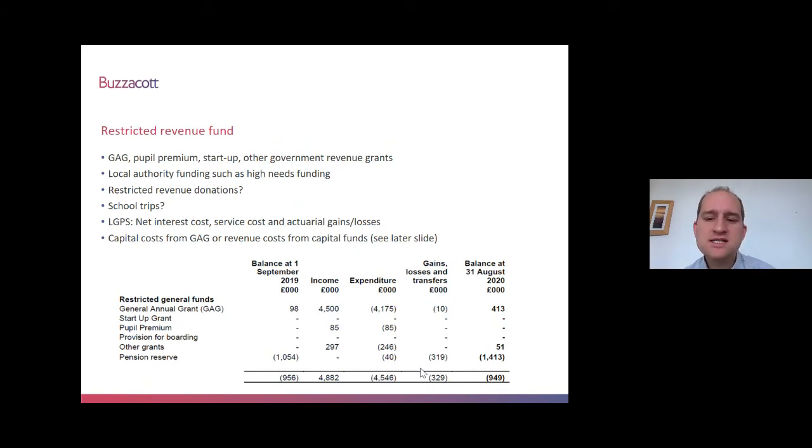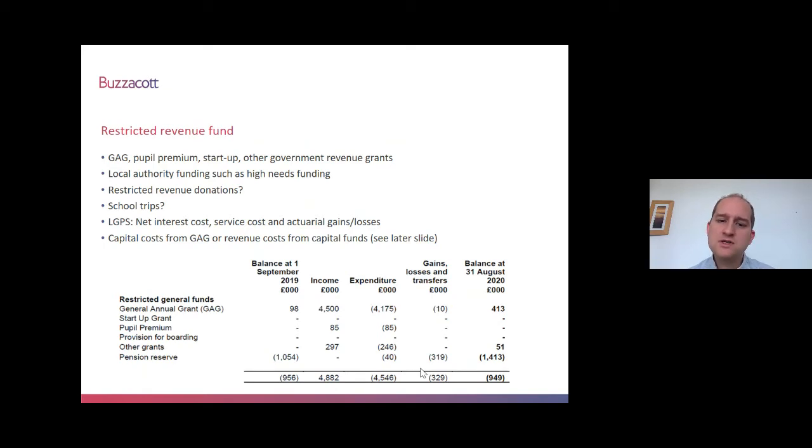What that will most likely leave you with is a balance of expenditure that hasn't been allocated anywhere else, which you now need to allocate. Often the basis that we do that is the narrowest restriction first. It's always better to have funds that are unrestricted if you can.